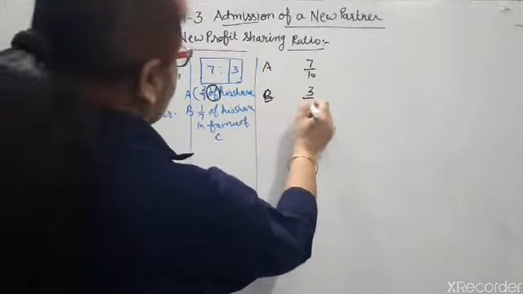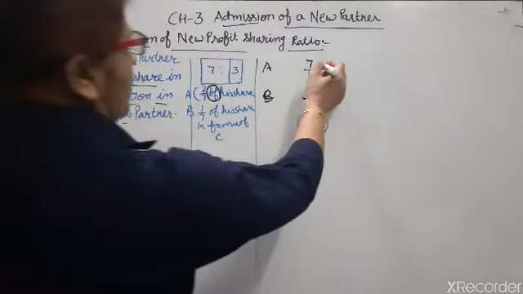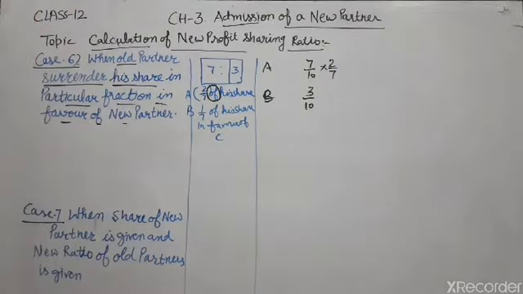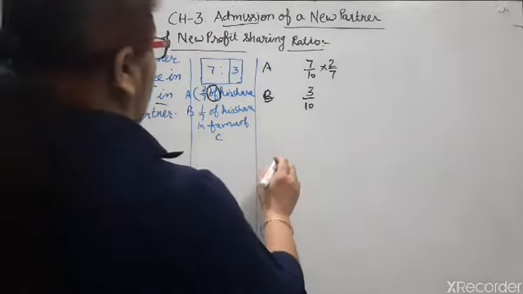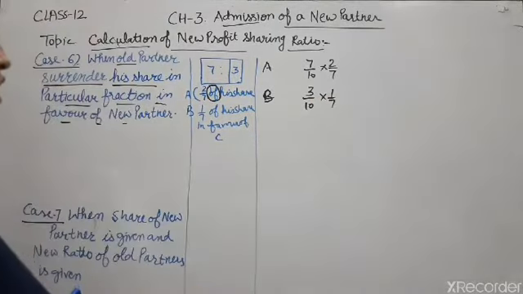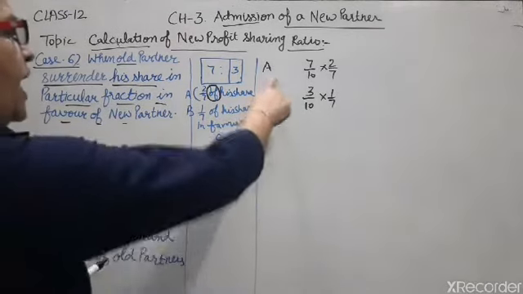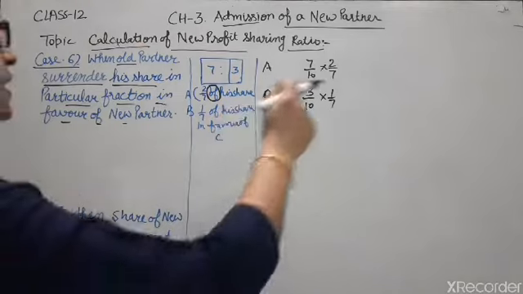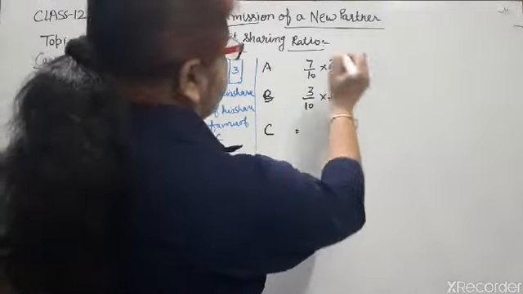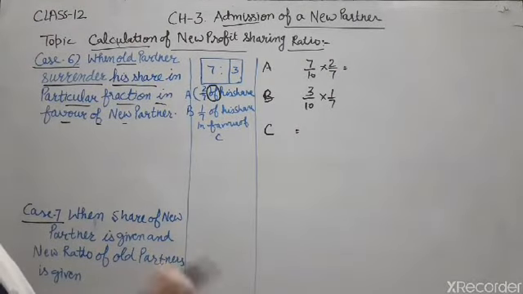A sacrifices 2/7 of his share, that means 7/10 multiplied by 2/7, and B surrenders 1/7 of his share. That means these are the sacrifices of A and B, and it is given to C. Then C's share becomes the total of A's sacrifice and B's sacrifice.